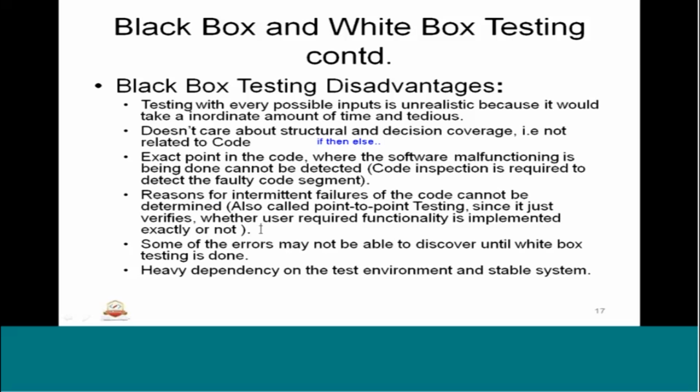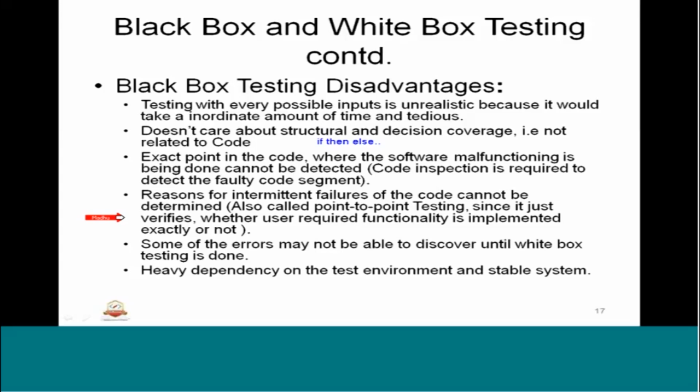Reasons for intermittent failures of the code cannot be determined. This is a very typical thing in embedded systems. We may not be able to reproduce some of the failures. It is very difficult. Sometimes the failure occurs, sometimes it doesn't. How do you find out?